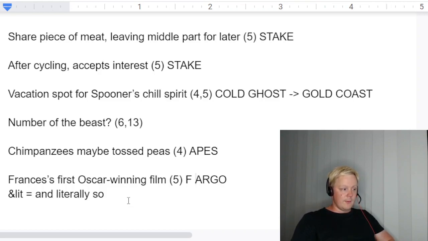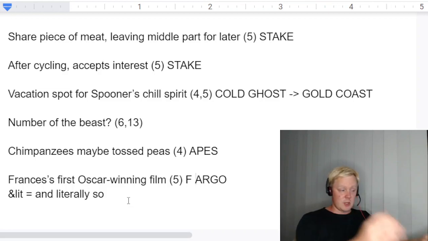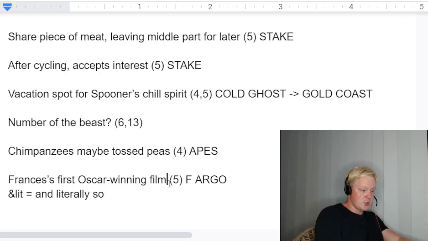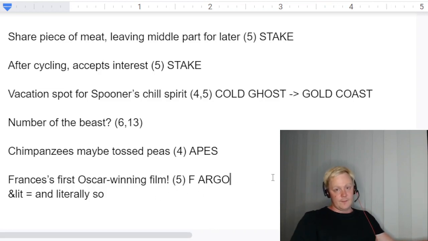So this is a type of clue you sometimes see, and it's maybe hard to spot, because it's not like there's an indicator that says that this is an &lit. Sometimes you see an exclamation point used to show that this is an &lit clue, but exclamation points can be used for other purposes.